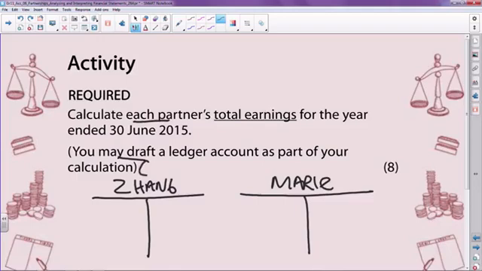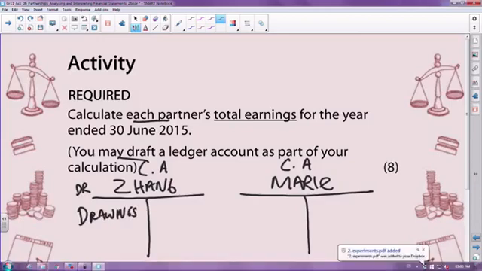You're going to draft the current accounts, the current account for each partner. What does the current account show us? Remember, we did ledger accounts a few weeks ago. On the debit side, we look at whatever the owner has taken from the business, in other words, their drawings. And on the credit side, we look at their total earnings.